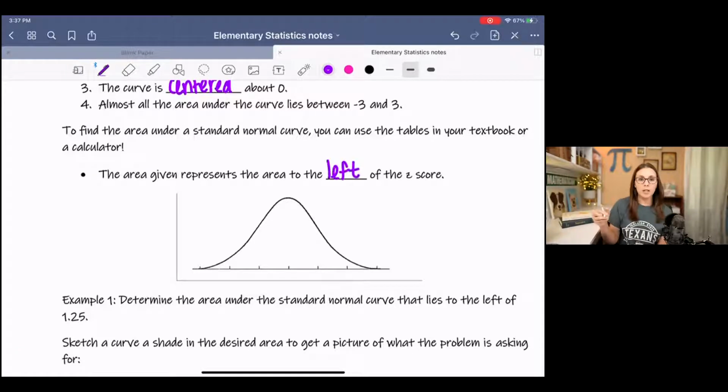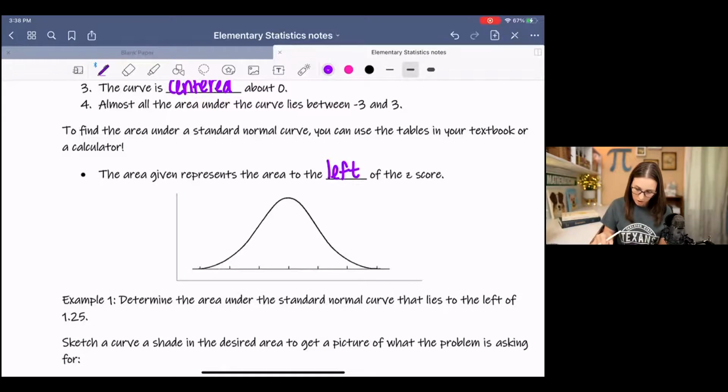So when we look at the areas on a z-table, those represent the area to the left. And I think in some older calculators, if you type this in, it will automatically give you the area to the left. The newer calculators, you can adjust the bounds of the region you want. So yay, technology. But when we talk about area in the textbook, it's to the left.